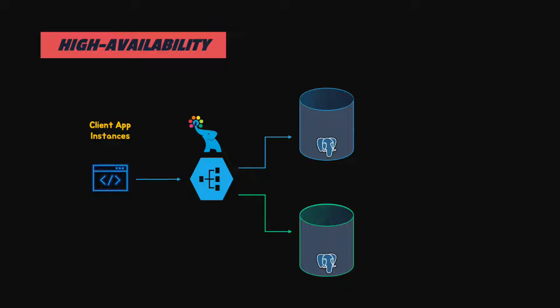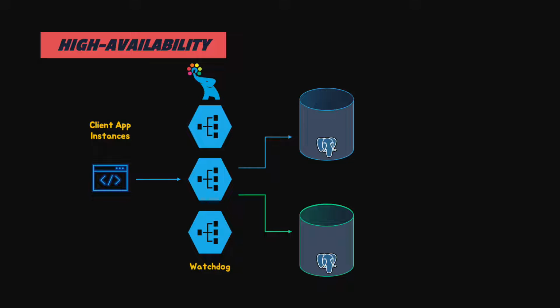Finally, Pgpool has high availability for itself as well. This is done so that Pgpool doesn't become a single point of failure. In order to implement high availability of the entire system, Pgpool itself also needs to be made redundant. The feature for this redundancy is called Watchdog.